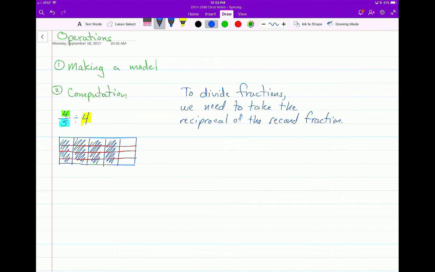And we do that in a little reminder that students get of what we call keep, change, flip.